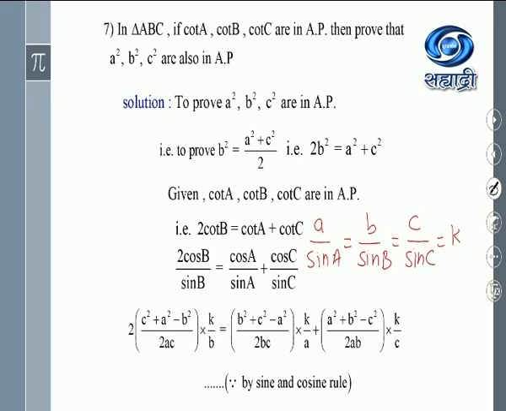Now we need here 1 upon sin B. So look at this term.